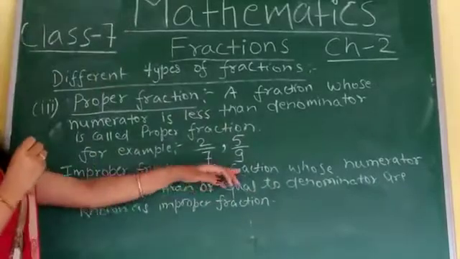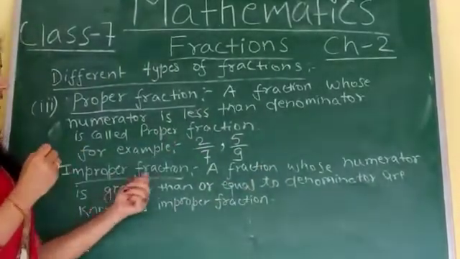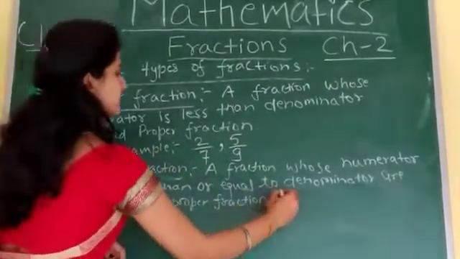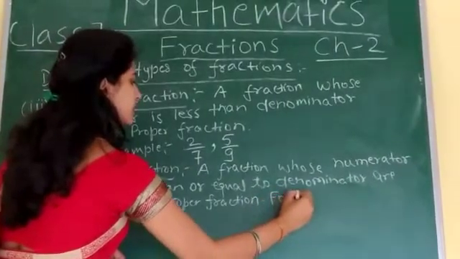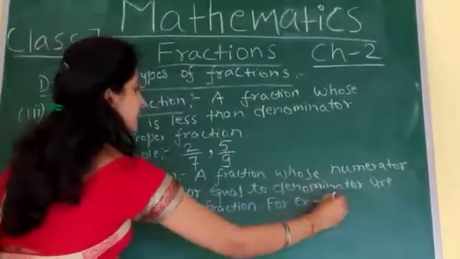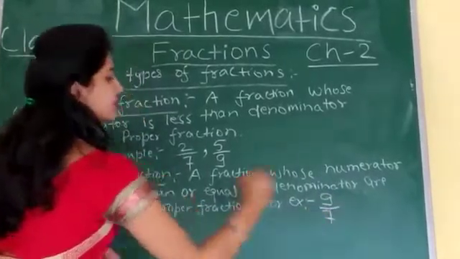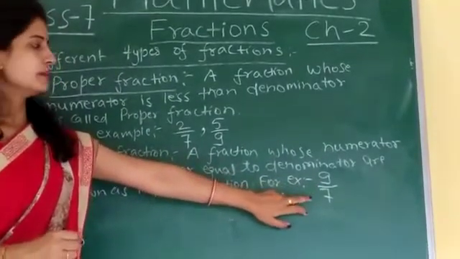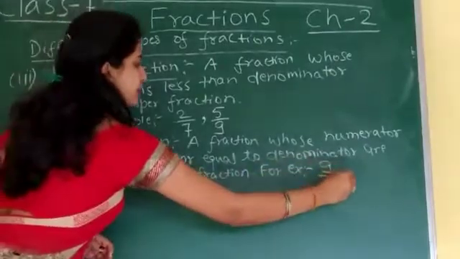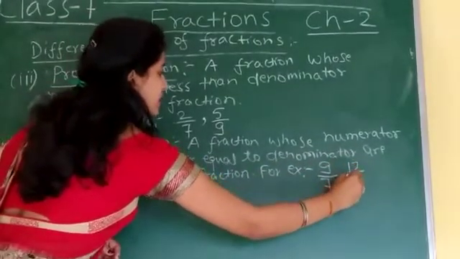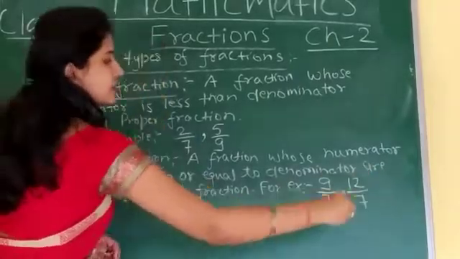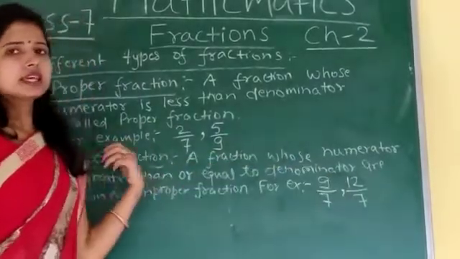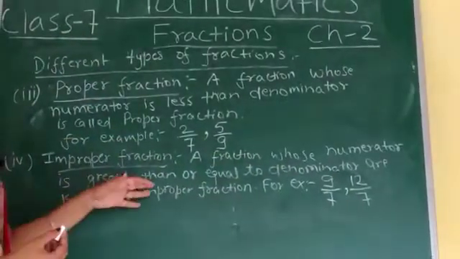So, those type of fractions whose numerator is greater than denominator or equal to the denominator are known as improper fraction. For example, 9 by 7. Here, numerator is greater than denominator. That's why this is improper fraction. Another example is 12 by 7. Here also, the numerator is greater than denominator. That's why this is improper fraction. So, you have to write it down.